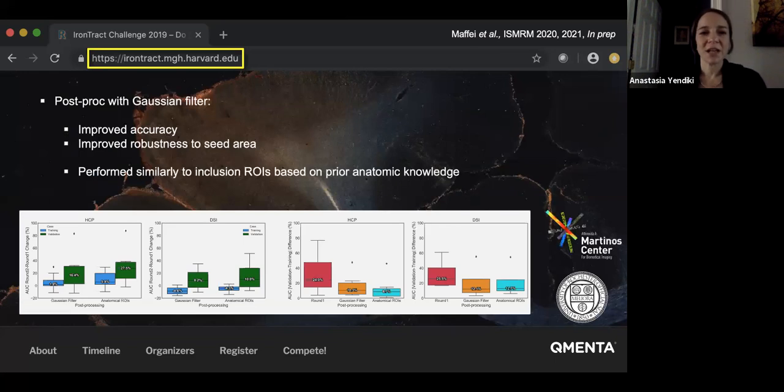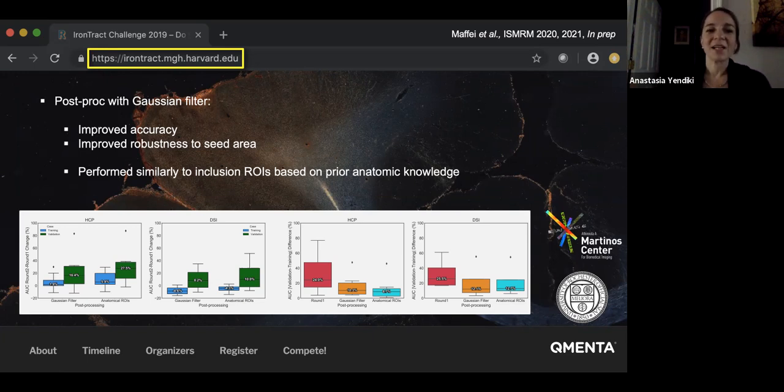An interesting result was that one of the 2 teams had used just a simple Gaussian filter for post-processing the tractogram. And the other of the 2 teams that had good robustness in round 1 had used a priori anatomical ROIs, so based on knowledge from the anatomy, from prior tracer studies on where these seed areas project to.